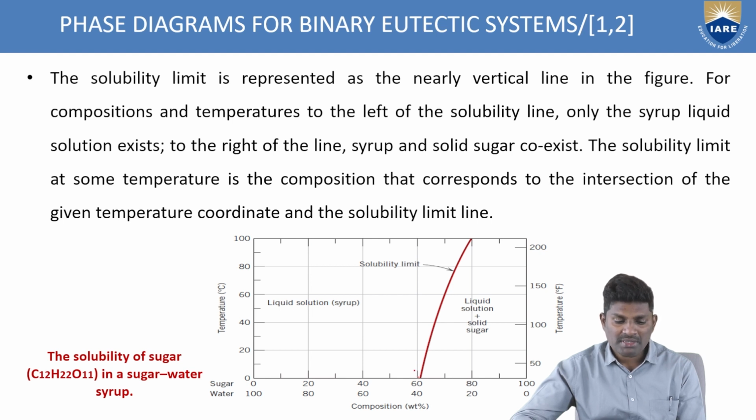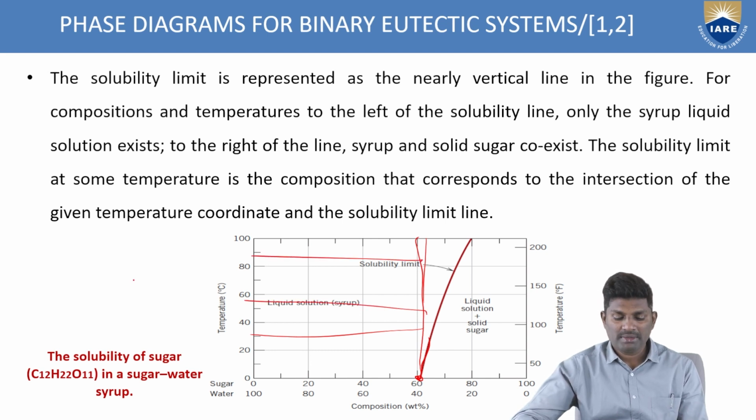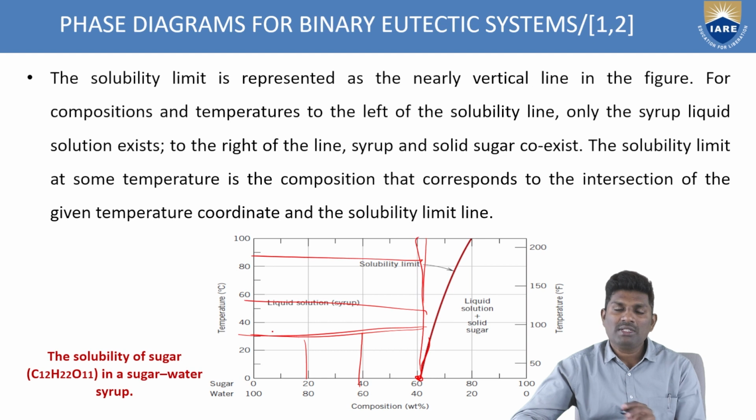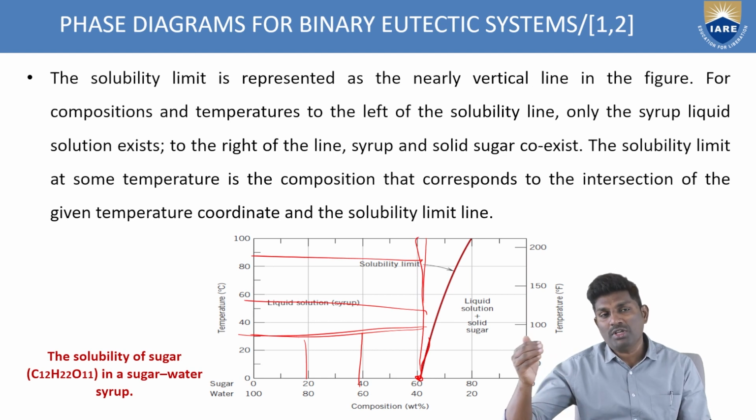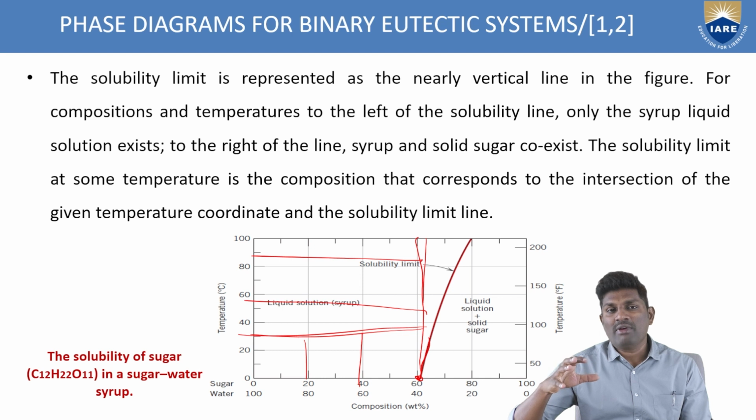If you want to know the percentage of the water and the sugar before the solubility limit, you have to draw a vertical line like this, so that you get the composition at this point, and the temperature. If you drop the vertical lines along the composition, you get the composition percentage, and if you draw the horizontal lines along the temperature, you get the temperature corresponding to that composition. Like that, you can easily find out the composition at that temperature.